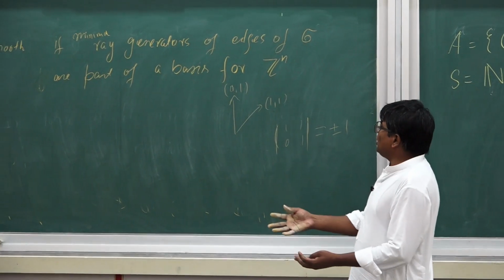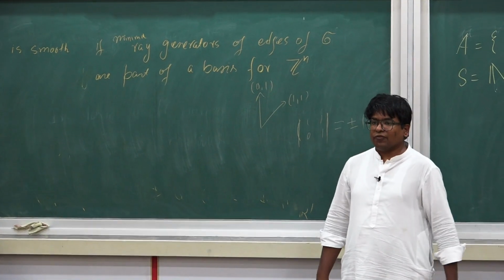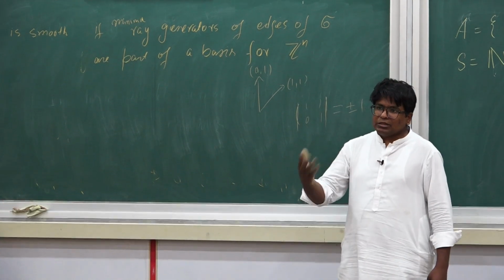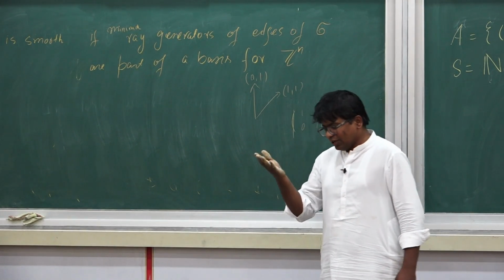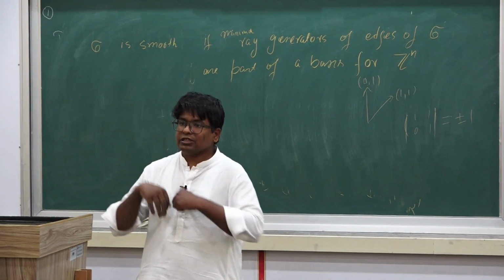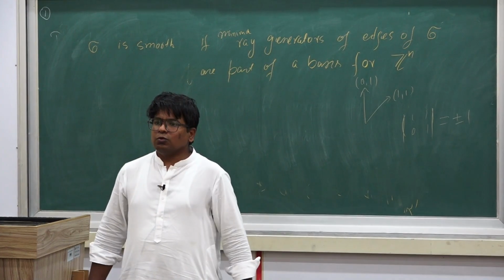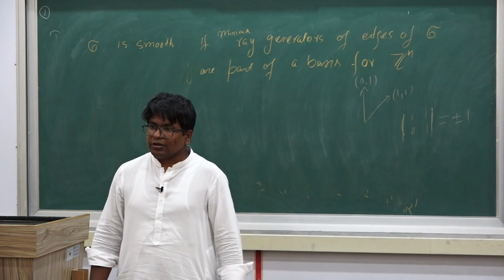In general, a cone can also be of strictly lower dimension. Then it means that the ray generators of the edges of that cone can be extended to become a basis of Z^n.